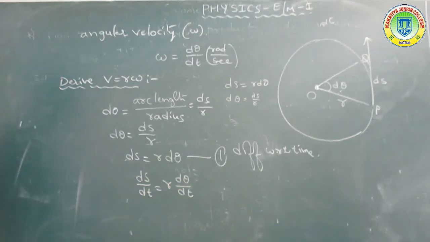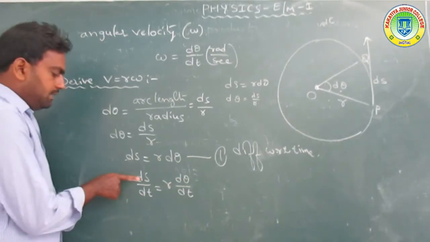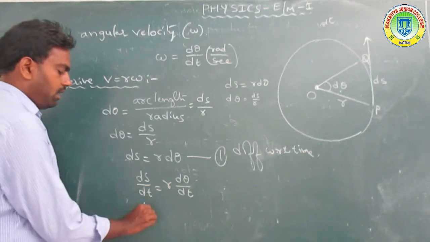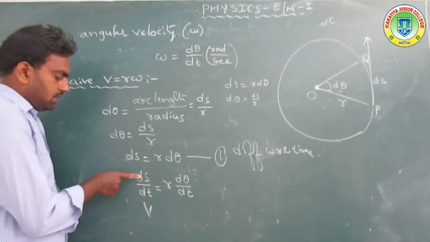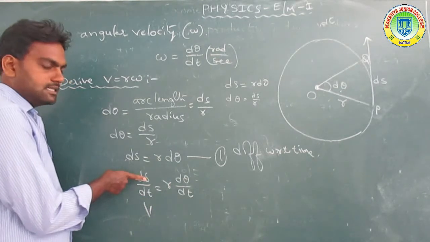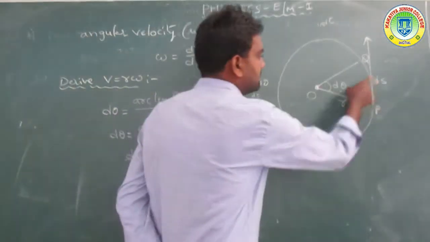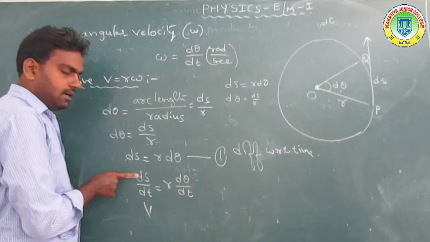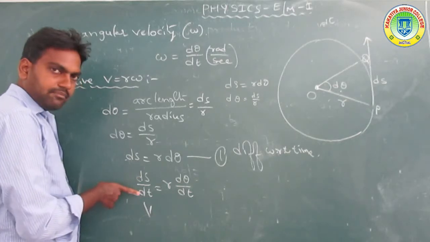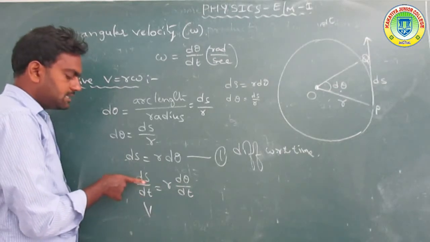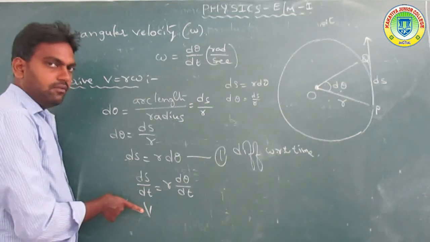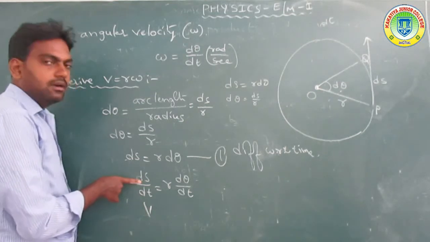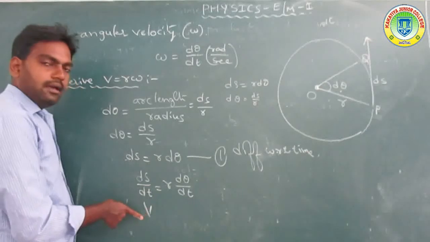Already we know that ds by dt is nothing but velocity. Why? ds is displacement, so ds by dt is change in displacement by time. The rate of change of displacement is called velocity.